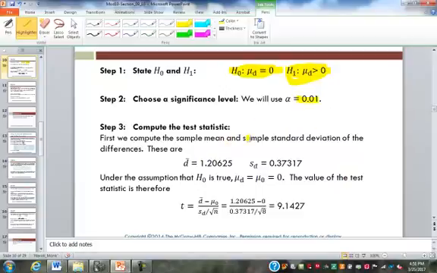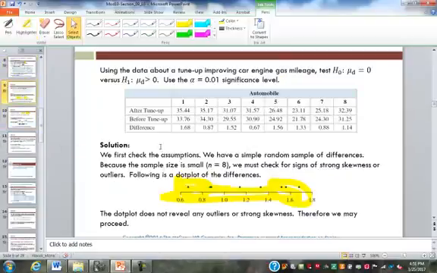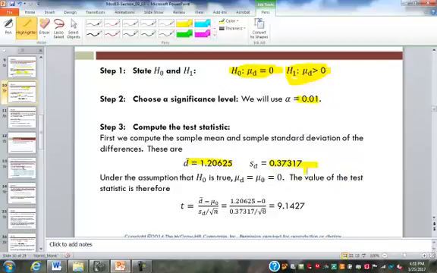Calculate the test statistic. Well, from our set of differences, back here, they found the mean and standard deviation of this set of numbers. The mean was 1.20625 and the standard deviation 0.37317.